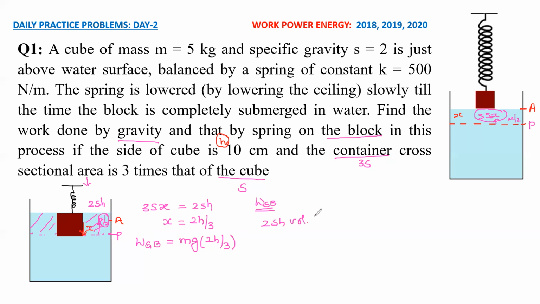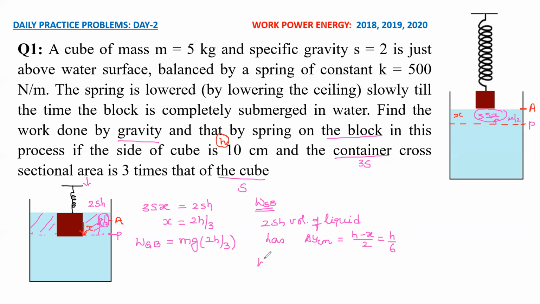volume of liquid has delta y center of mass. That means the displacement of its center of mass is h minus x by 2. So x is 2h by 3, so this comes out to be h by 6.